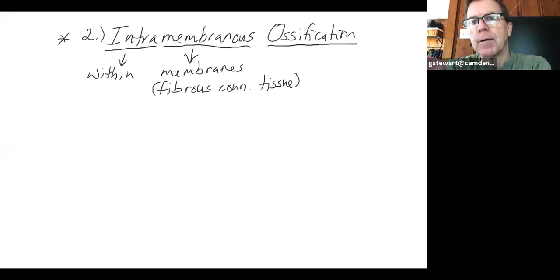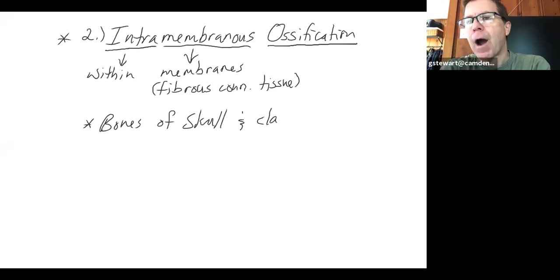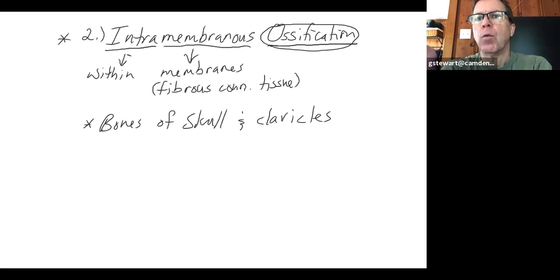Only bones of the skull and the clavicles, our collarbones, use this process to develop. So we have a skeleton developing within fibrous connective tissue membranes, all right?